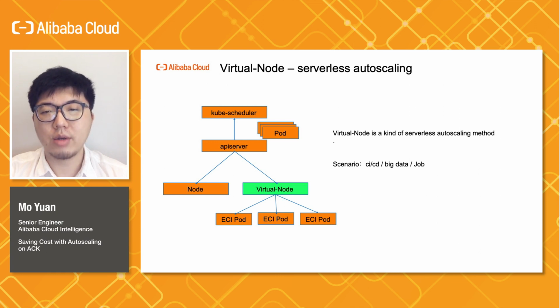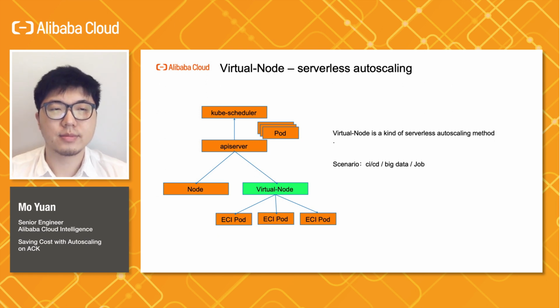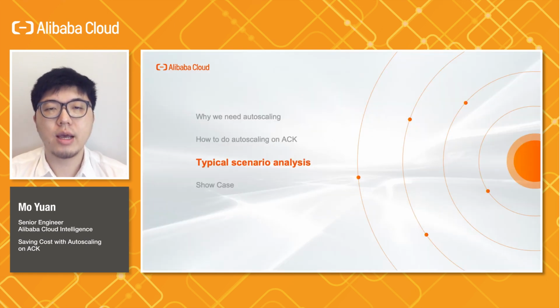When the pod is scheduled to the virtual node, it will finally be created as a serverless ECI pod. This kind of autoscaling method is very useful when you do CI/CD, big data, and jobs. It's fast, simple, and with low learning cost. In the next section, I will introduce some typical scenarios.